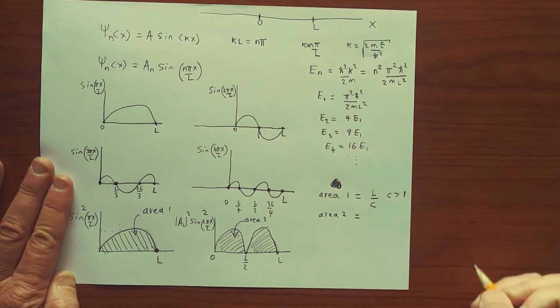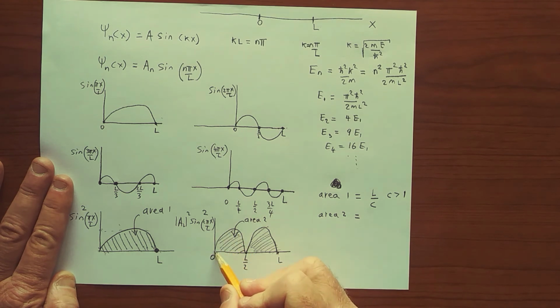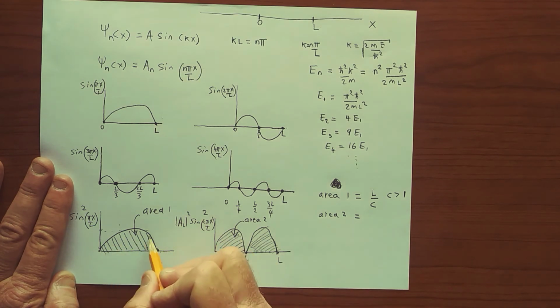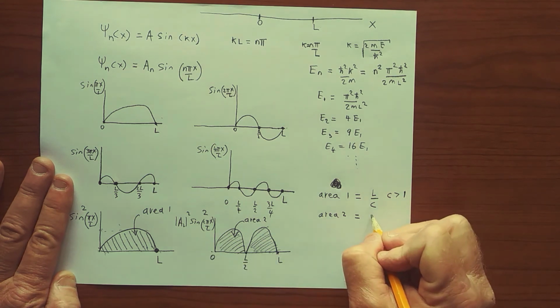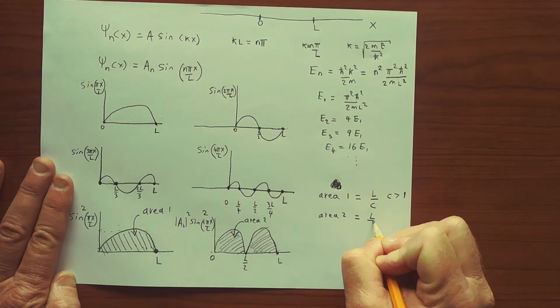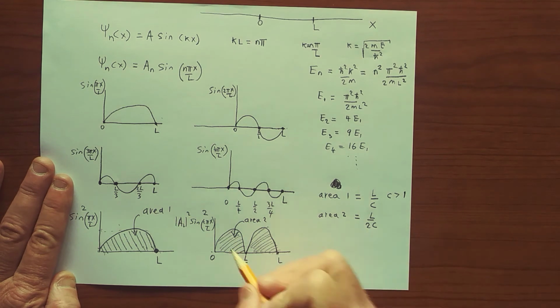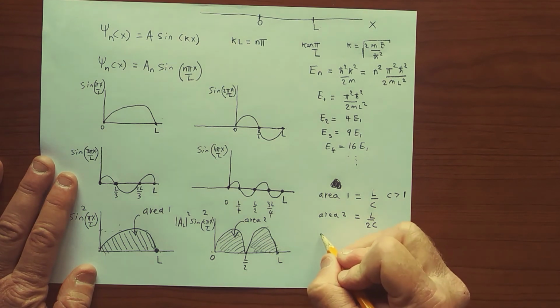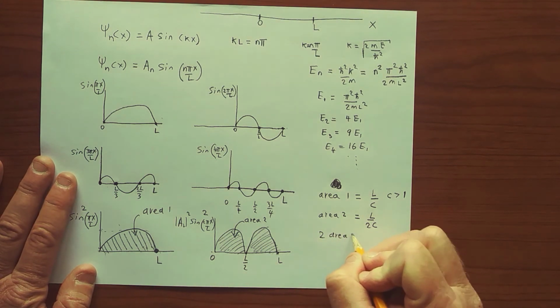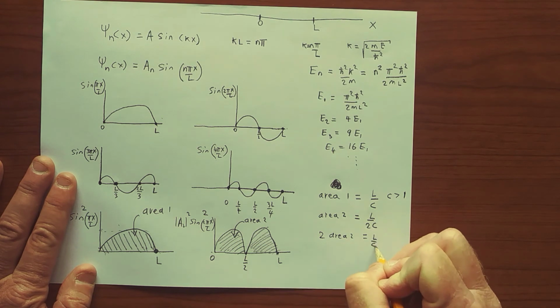The area 2, this function here, is exactly like this function. So it would be L over 2C, but we have 2 of them. So the total area here would be 2 times area 2, which is L over C.